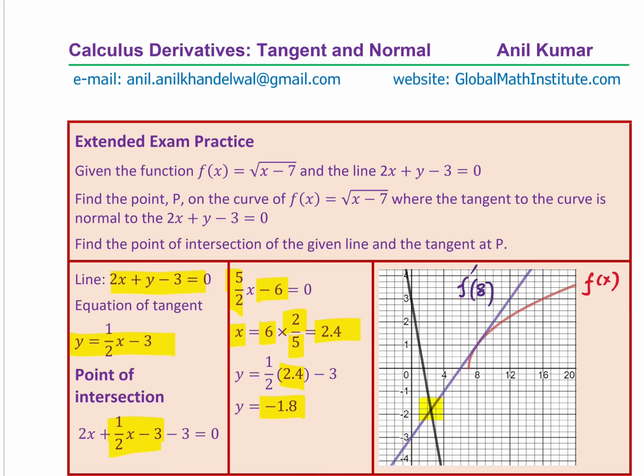This is normal to our line, line 1, which is 2x plus y minus 3 equals 0. And that becomes the point of intersection, which we calculated just now as x being 2.4 and y being minus 1.8. Is that clear to you? So that is how we have to find the solution for such questions.